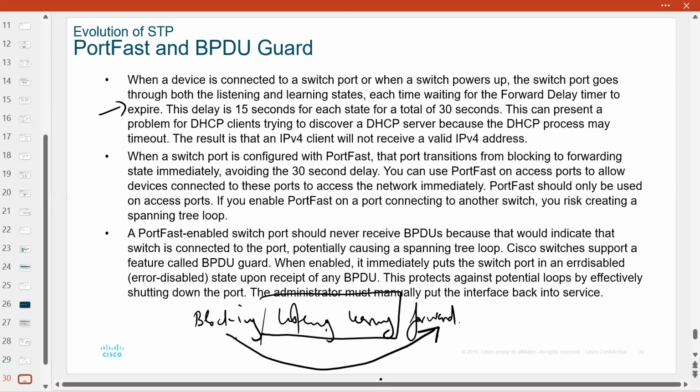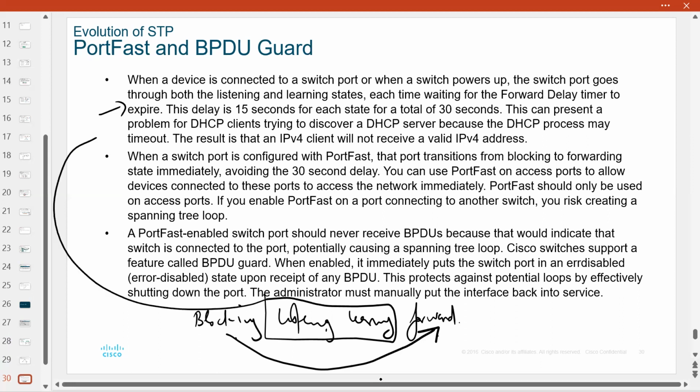This presents a problem with DHCP clients trying to discover the server, because the DHCP process may time out. The result is that an IPv4 client will not receive a valid IPv4 address. So the issue is with these two stages: listening and learning.